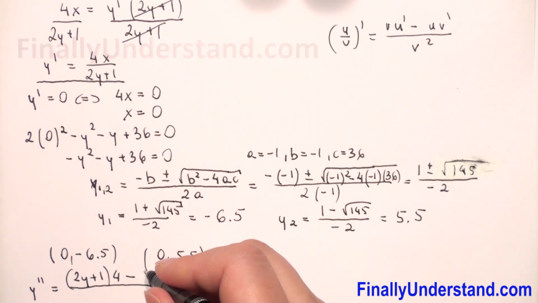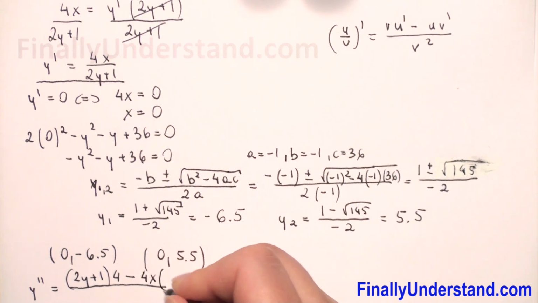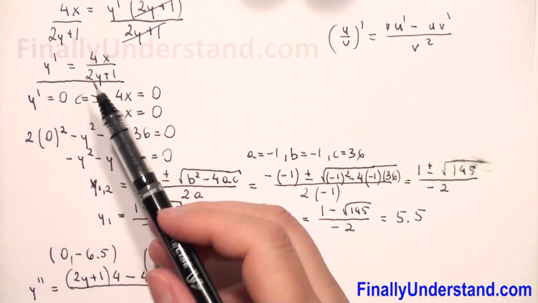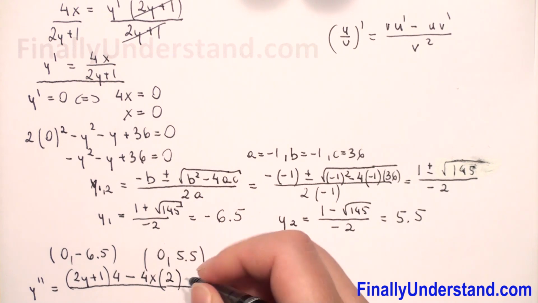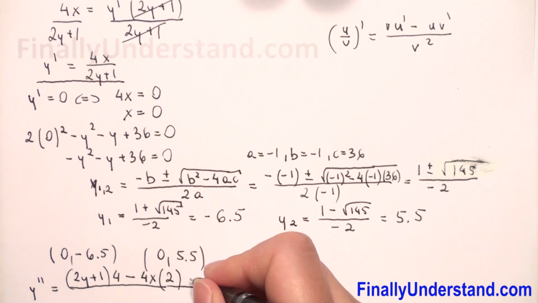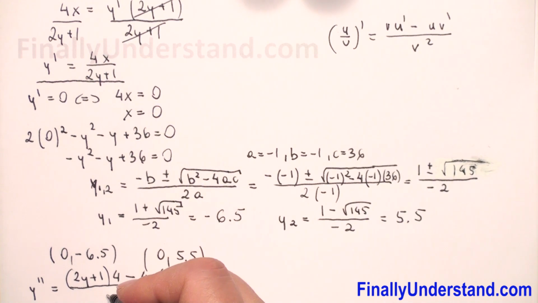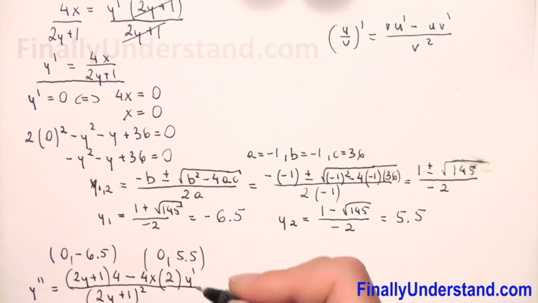we have 4x times the derivative of 2y plus 1, which is 2, and don't forget that we treat y as a differentiable function of x, so it will be y prime, over 2y plus 1 to the second power.